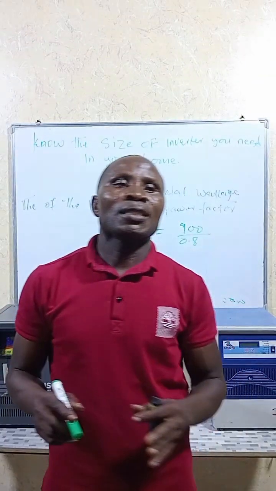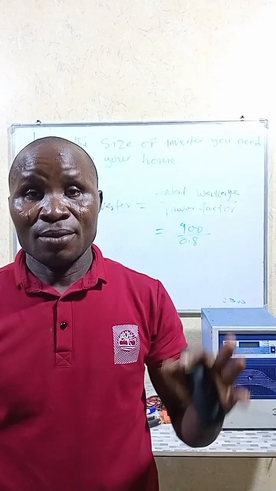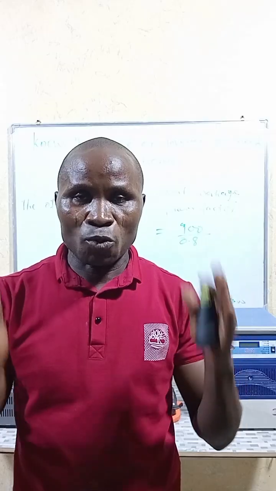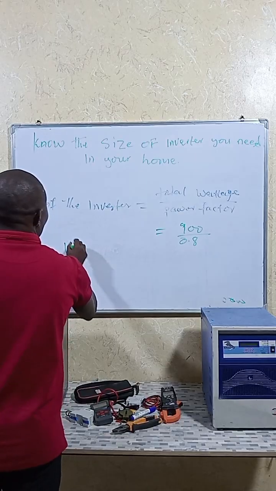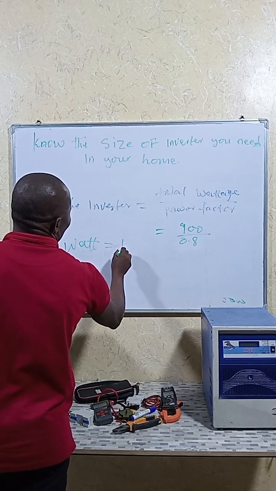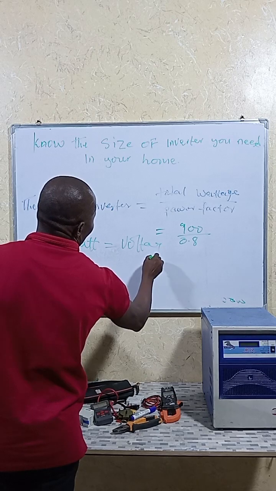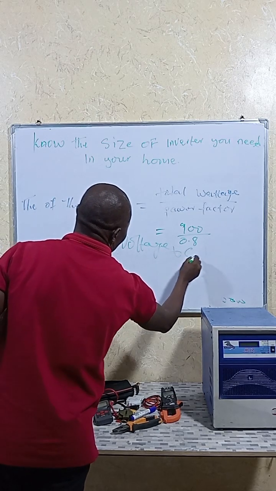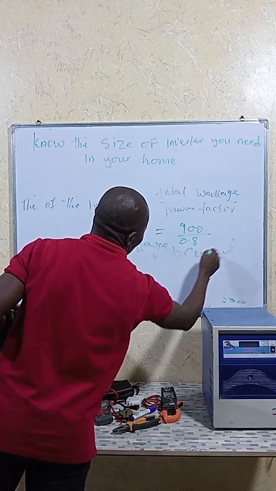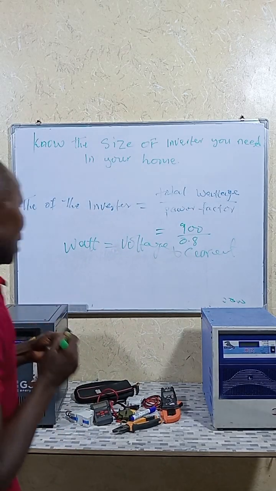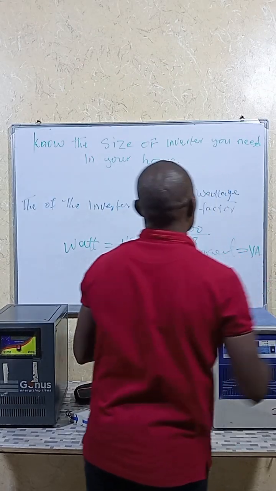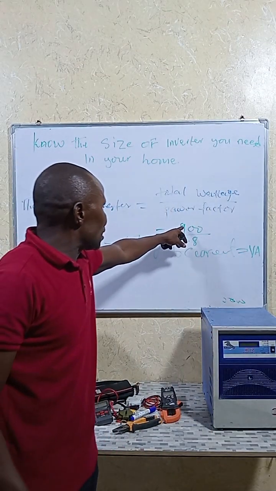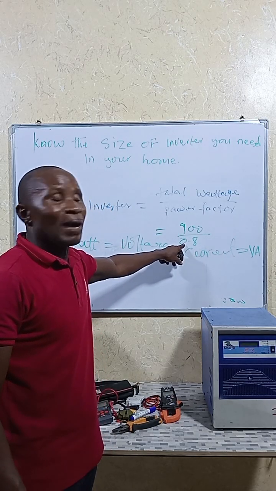So we have now gotten the required VA. Wattage is equal to voltage times current, that is VA. At this point, you have to divide this 900, the total wattage, by the power factor.